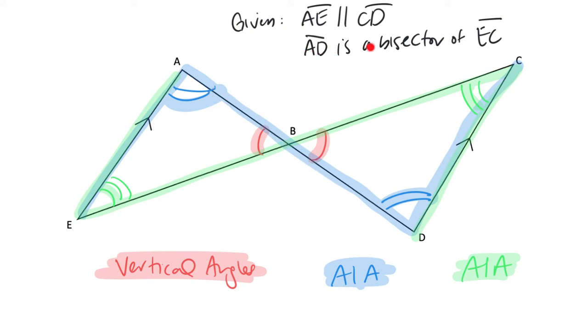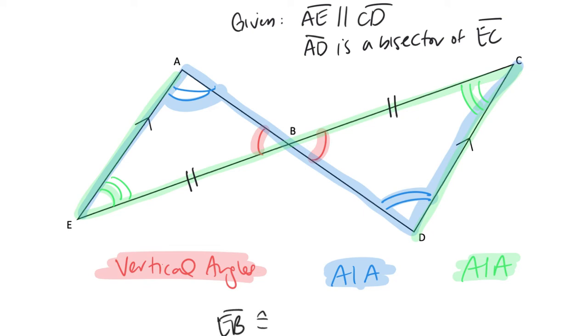AD is the bisector. That means AD is the thing that's doing the cutting. It's like the knife that is cutting through EC. And when I'm bisecting, I am cutting directly in half. So EC is being cut directly in half, which means that this segment and this segment are actually congruent.